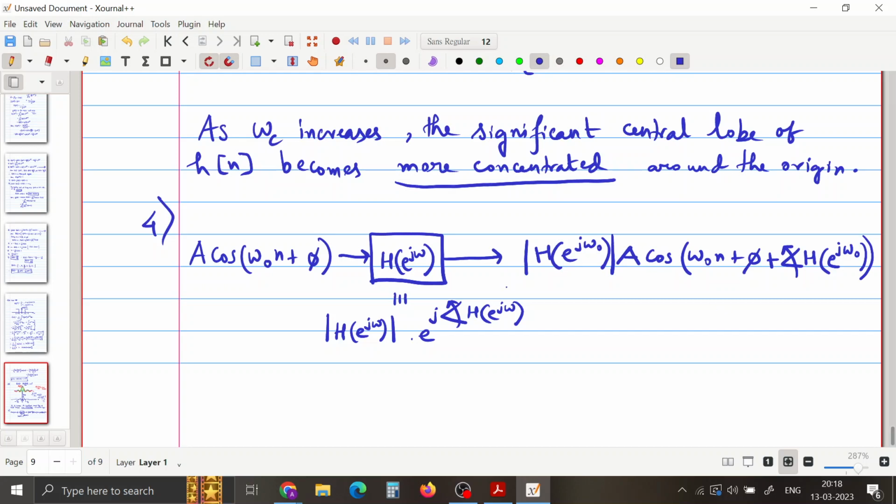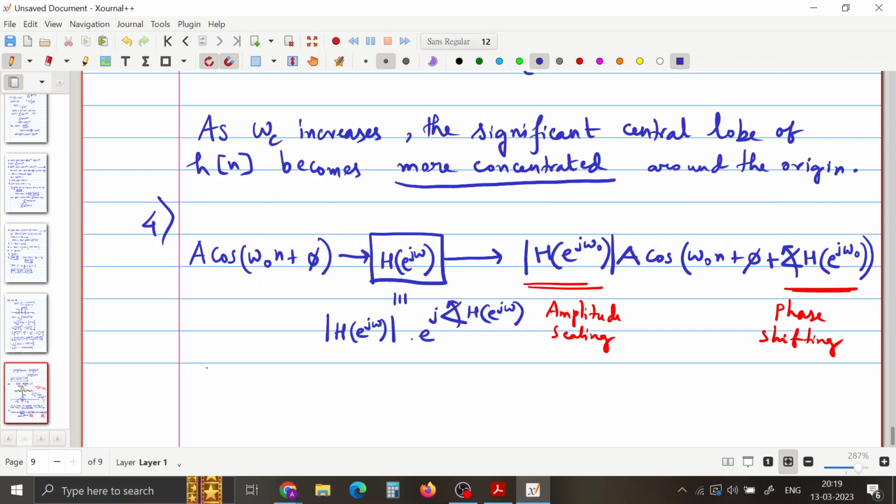This is the amplitude scaling, and this is the phase shifting. This is a known result, and it comes from expressing cos in terms of e power j plus e power minus j by 2, getting the output corresponding to the individual parts, and then adding them together.